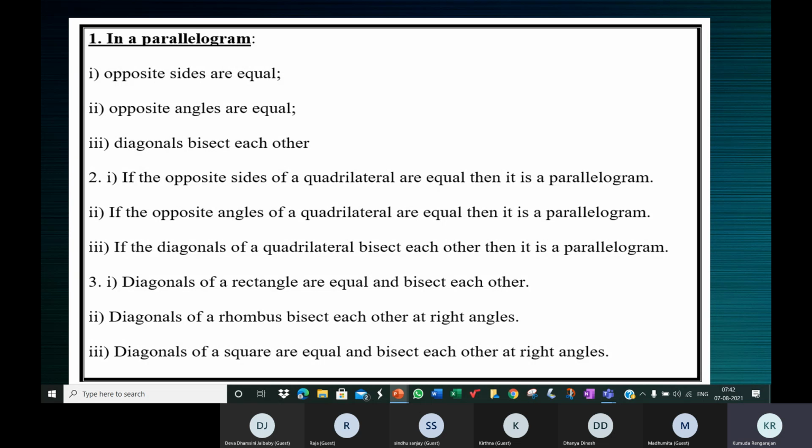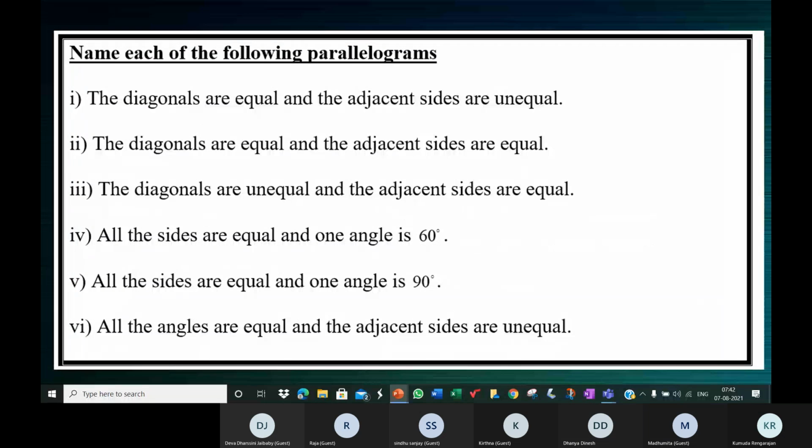Understand and write all this in your notebook. When you write, it gets registered. All the properties get registered very clearly in your mind. So writing is very important. Don't read and leave it. Take a picture, children. Done? Yes, ma'am. Took it, ma'am. Okay.